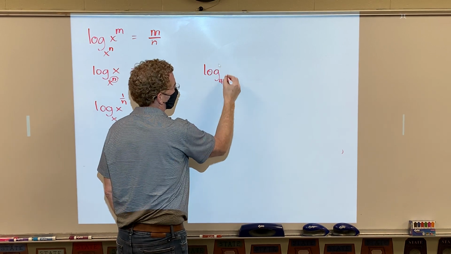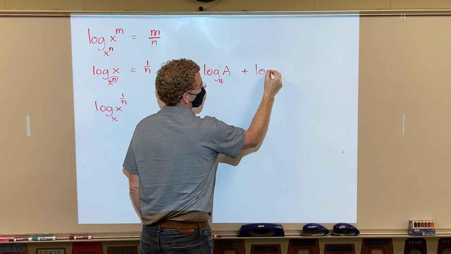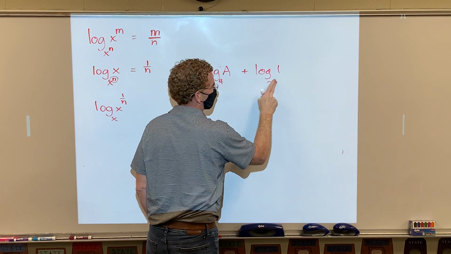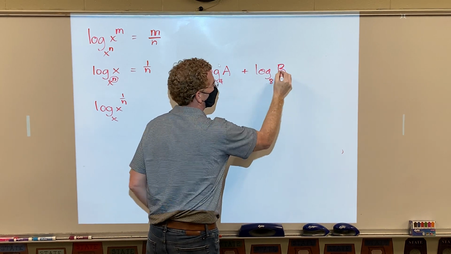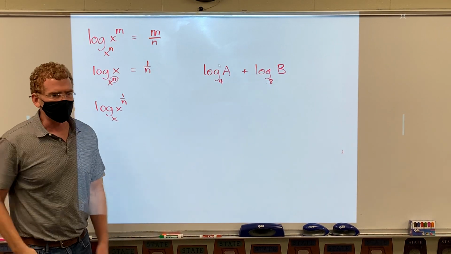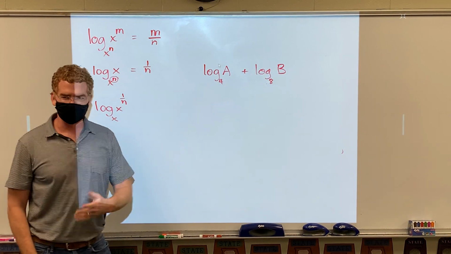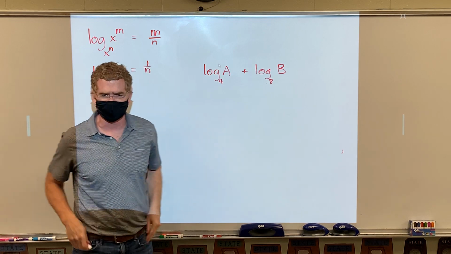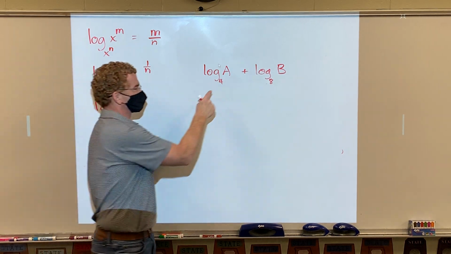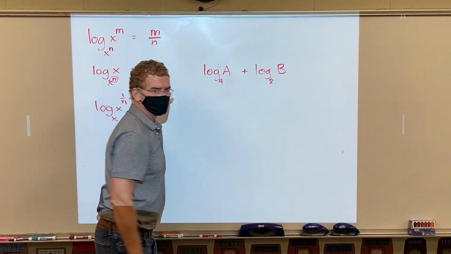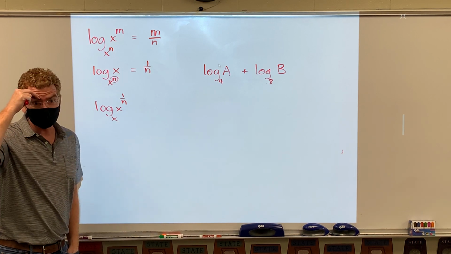What's log base 4 of a plus log base 8 of b? And you're like, well, I can't add those because my bases don't match. In a normal pre-cal, they'd say, yes, you're right, good way to catch that. But we can do better, because both of these can be written as base 2.